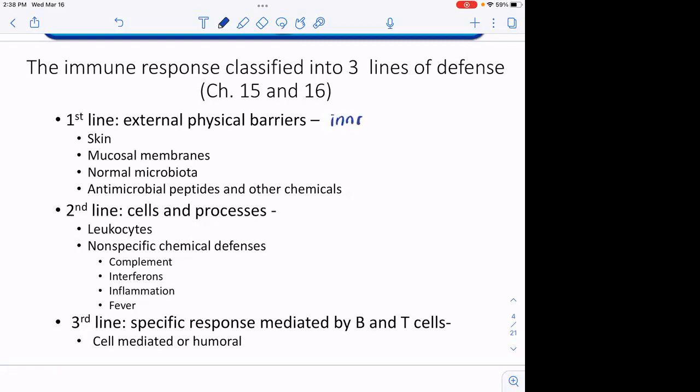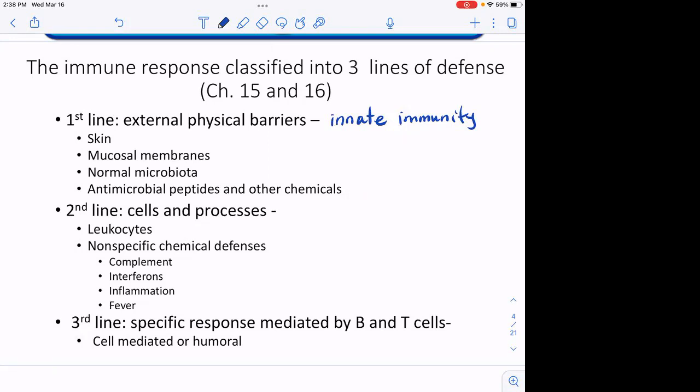So this is all part of what we would call our innate immunity. That means these responses are going to be the same every time we're exposed to some pathogen. Whatever pathogen assaults our skin, it pretty much reacts the same way. It doesn't learn and react better the second time it's exposed to it.